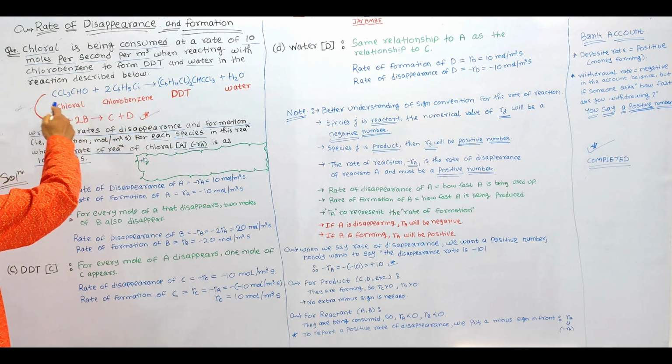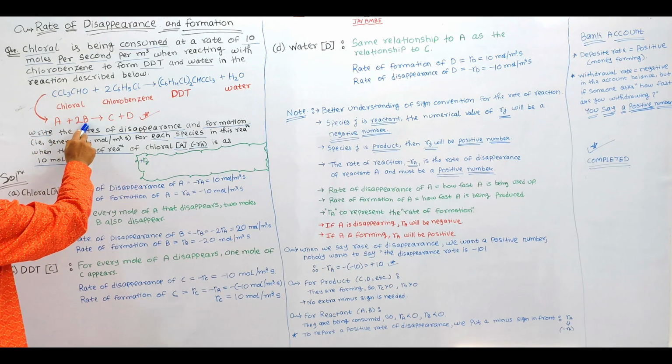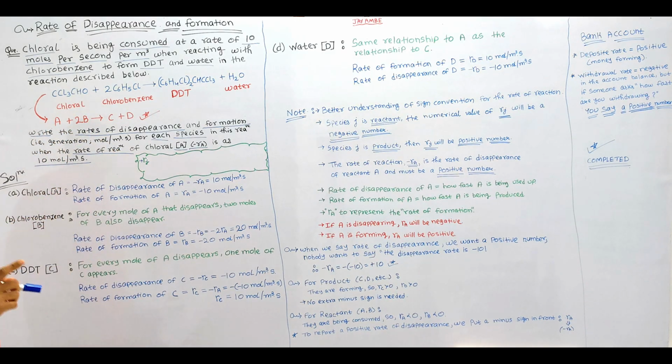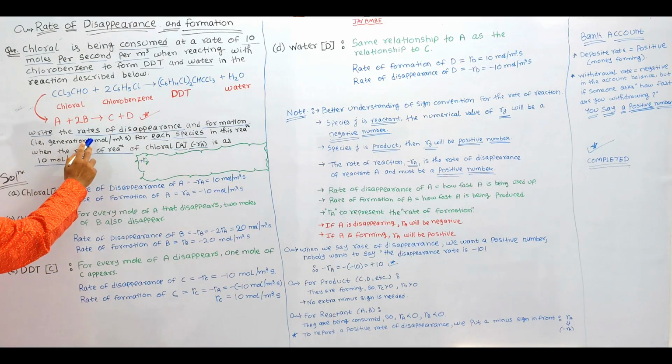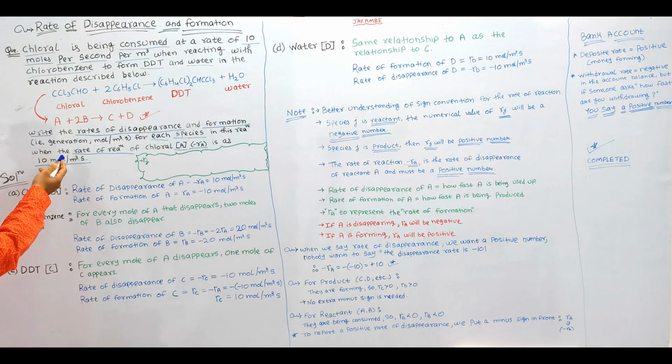So this reaction can be simplified, we can write likewise, 1 mole of A reacting with 2 moles of B will give 1 mole of C and 1 mole of D, right? So here in the question they are asking to write the rate of disappearance and formation, which means generation.